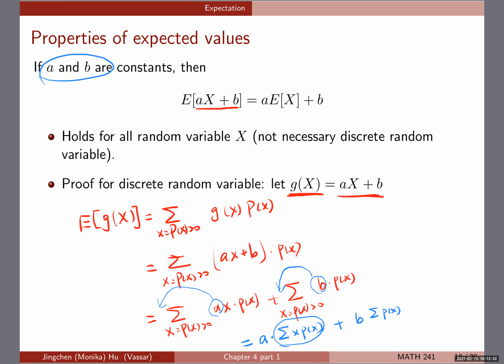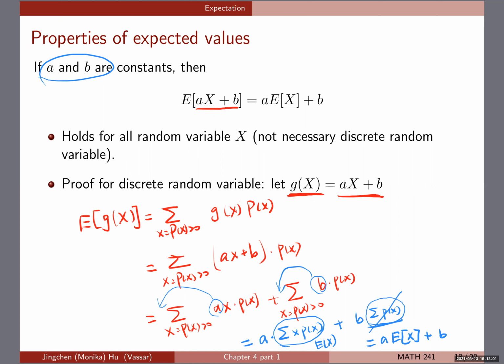Notice, what is this? This is actually the expectation of x. And what is this? It's not related to expectation per se. It is actually just the sum of all of the PMF values, and we know that they should add up to 1. So this term goes away, this term becomes E[X], and we come to our result of a times expectation of X plus b.